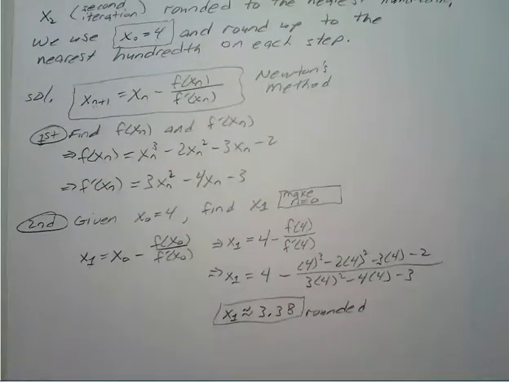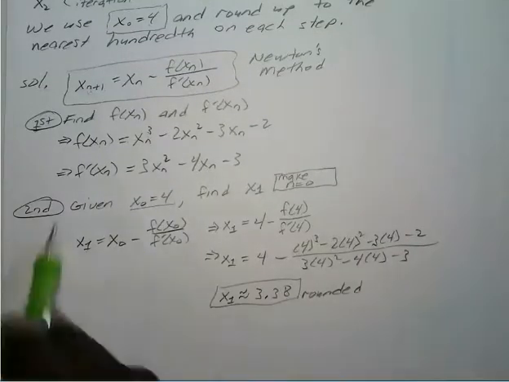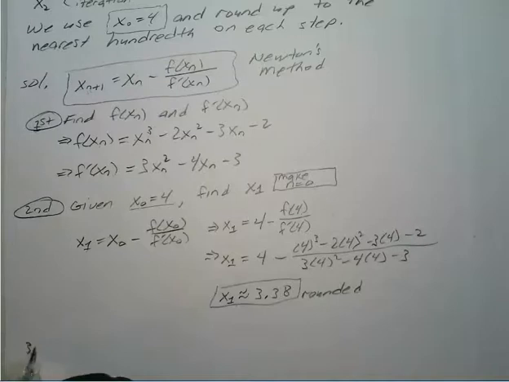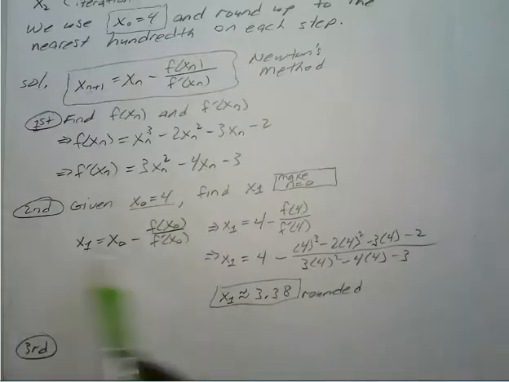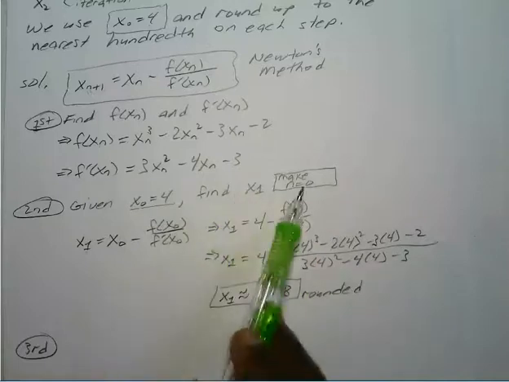All right, so that's one iteration. Now for your third step, you're going to do your second iteration. Here we have our x sub 0, we have our x sub 1. So for your third step, you do everything you did here, but instead of using x sub 0, we're going to use our x sub 1.